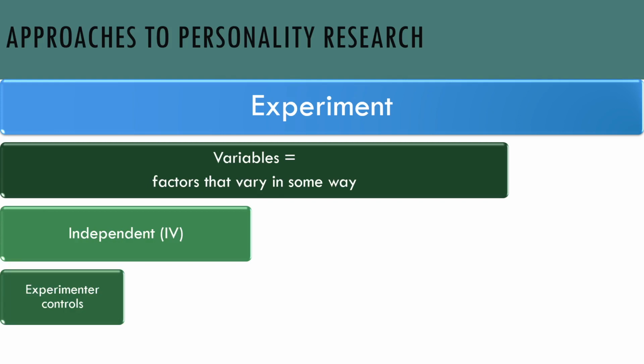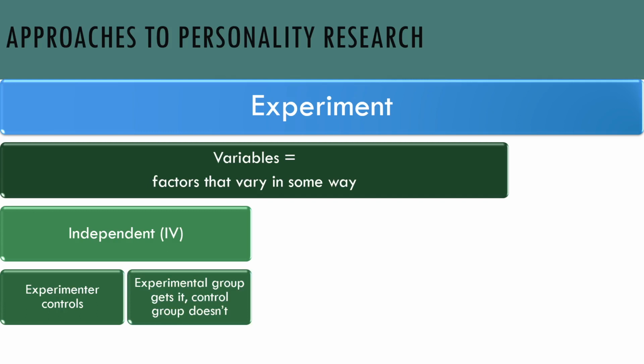The experimenter gets to decide what you experience in that independent variable. We call the group that gets that treatment the experimental group, and we call the control group the one that doesn't get it. So in the example that I just gave you, the experimental group would get the altruistic ending to the story, and the control group would get the unhelpful ending to that story.